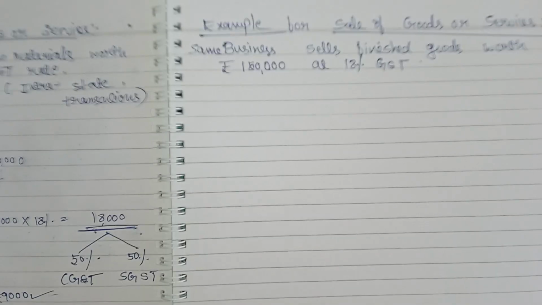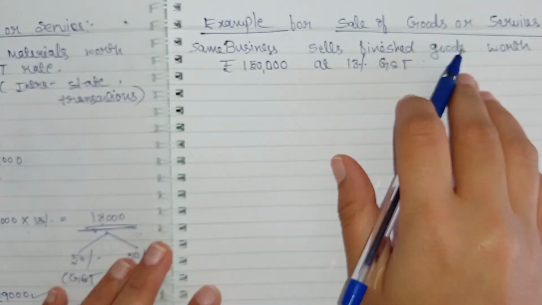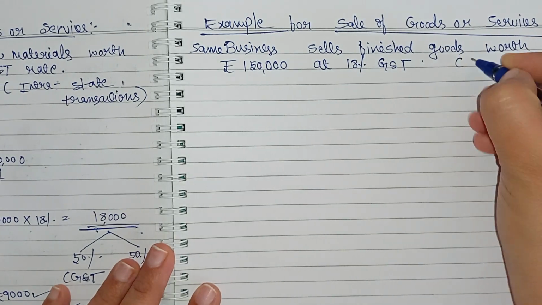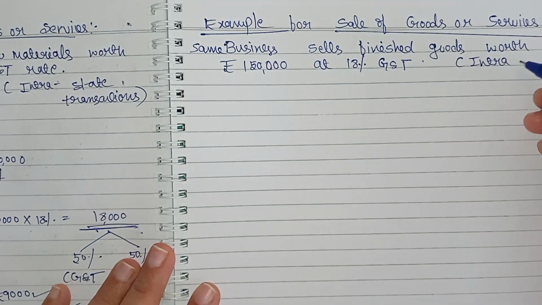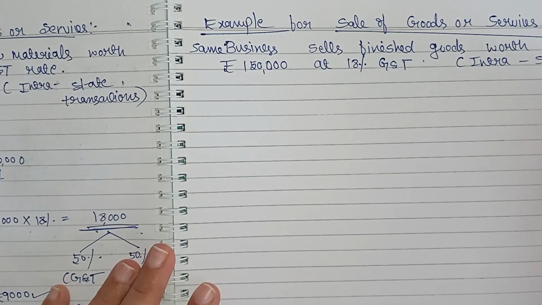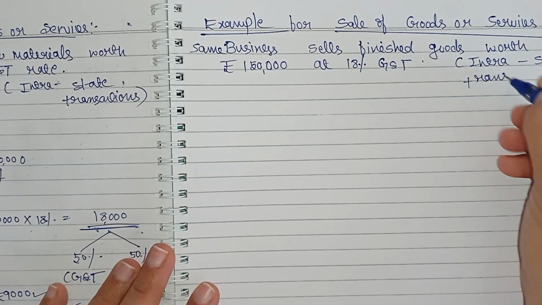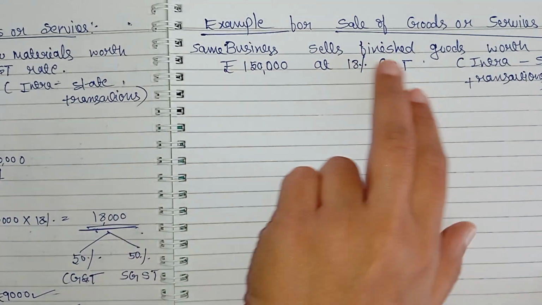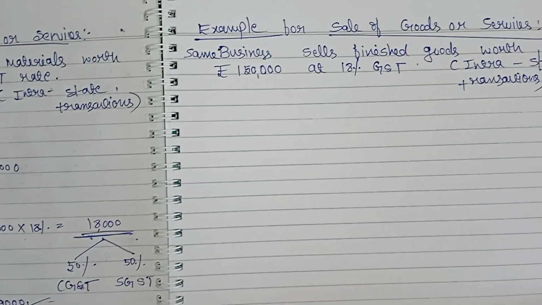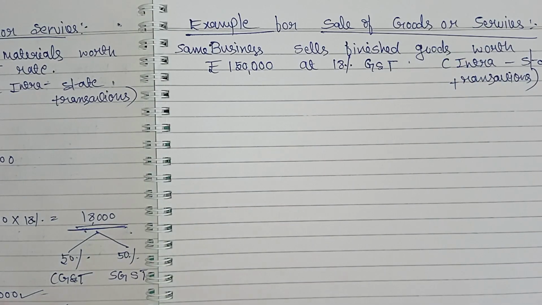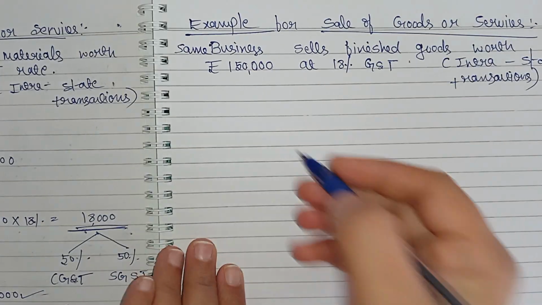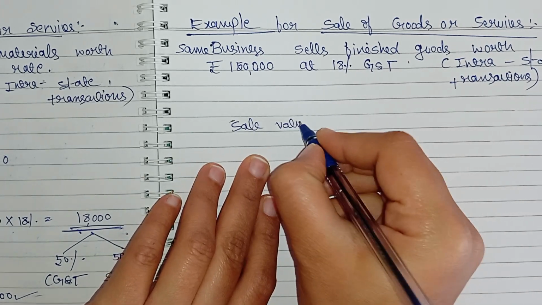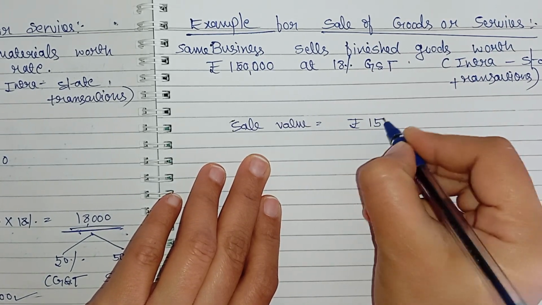We will take the same business. The same business sells finished goods worth rupees 1,50,000 at 18% GST. It is also assumed to be an intrastate transaction. First, we will do the calculations. Sale value is rupees 1,50,000.